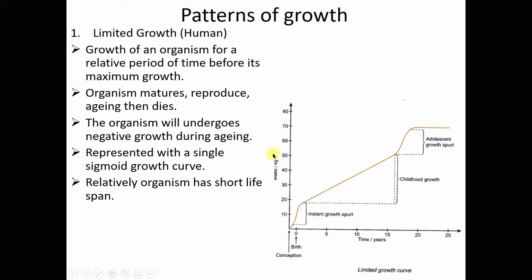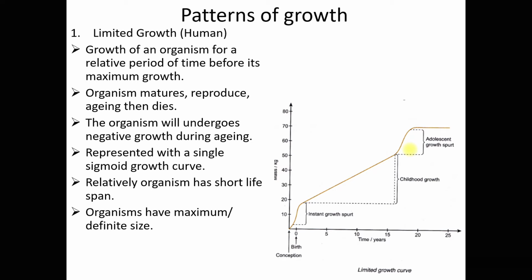And then relatively, organisms that show this limited growth pattern have a shorter lifespan compared with the unlimited growth pattern. Organisms that exhibit limited growth pattern have a maximum or definite size, like you.